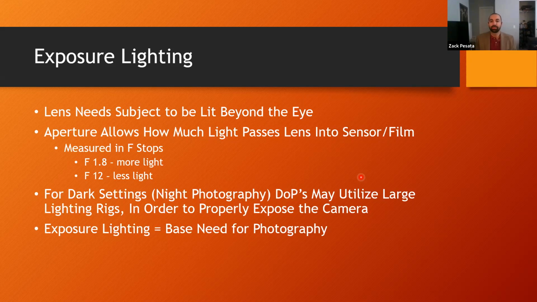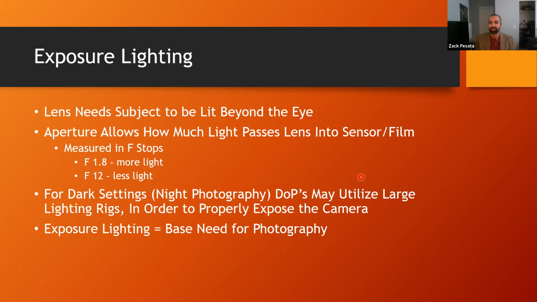For dark settings, director photographers may utilize large lighting rigs in order to properly expose the camera. And this is what I was mentioning before. We don't even notice that, right? To us, it just looks like, well, that's what a city street would look like at night. But in reality, the cinematographer and their lighting crew have to set up a large lighting rig just to get enough light to expose the image.